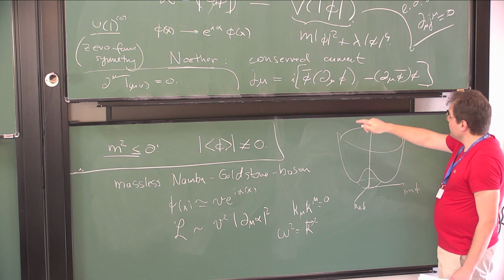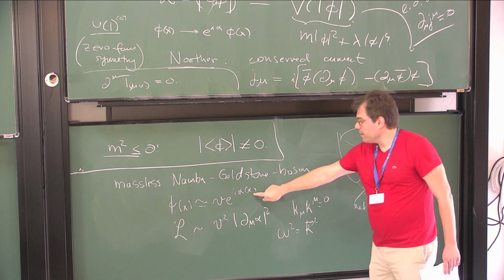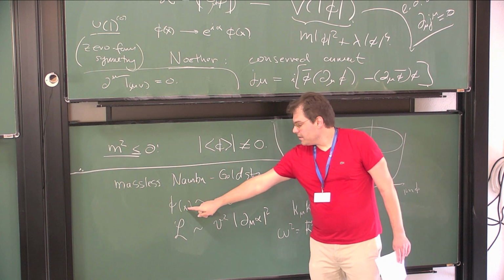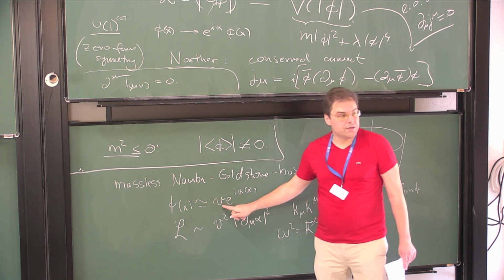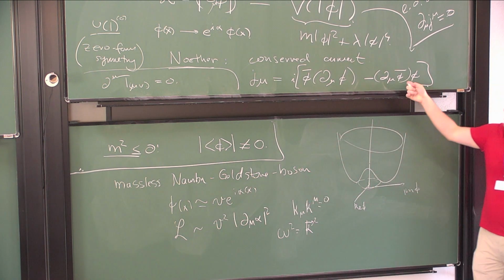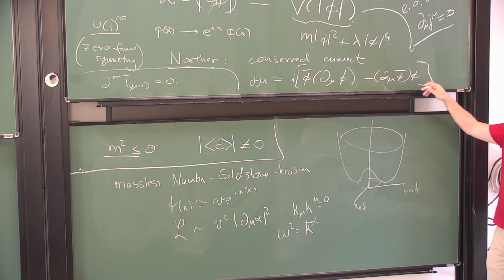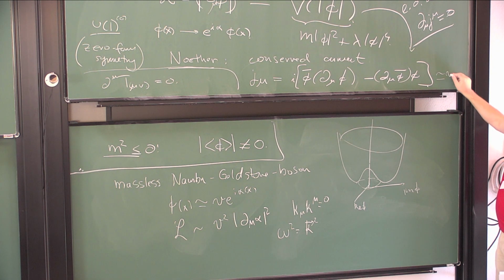Now, one interesting thing that happens is that in this symmetry breaking phase, if you plug this approximation back into the expression for the current, you'll see that the current becomes some power of v times just the derivative of alpha. So you see that the current is linear in the Goldstone boson field alpha.